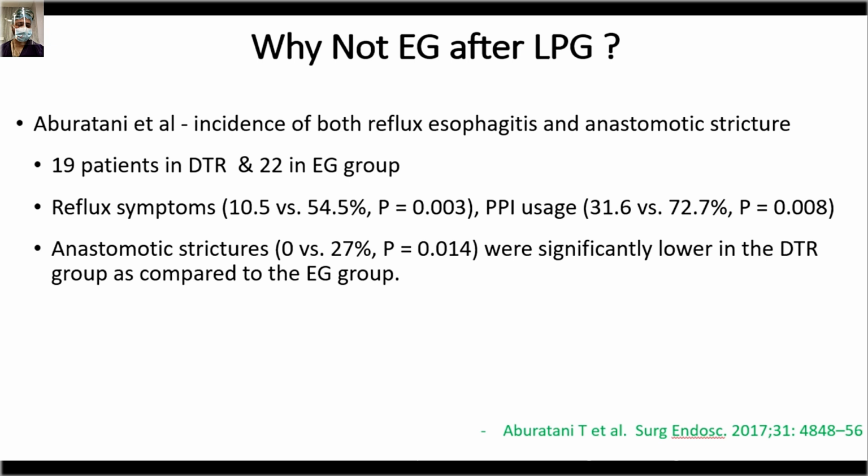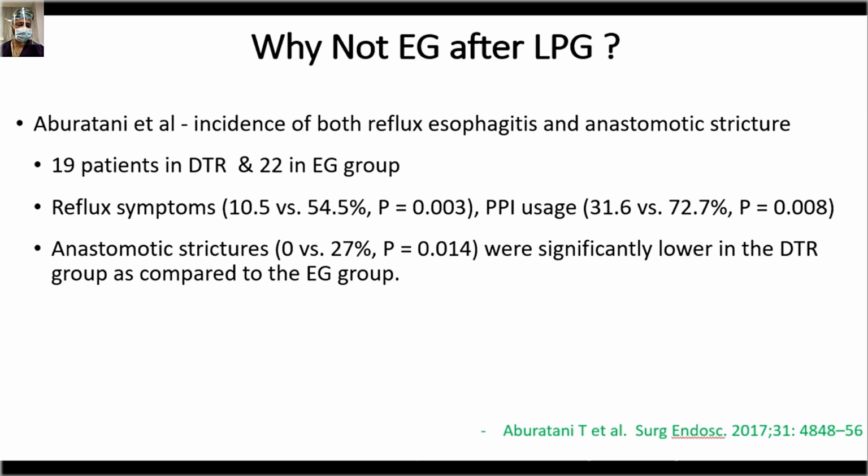So why not esophagogastrostomy after laparoscopic proximal gastrectomy? As I said, this anastomosis is to be discouraged because there is a high incidence of reflux esophagitis and anastomotic stricture. In a study they compared 19 patients of DTR and 22 patients of esophagogastrostomy.